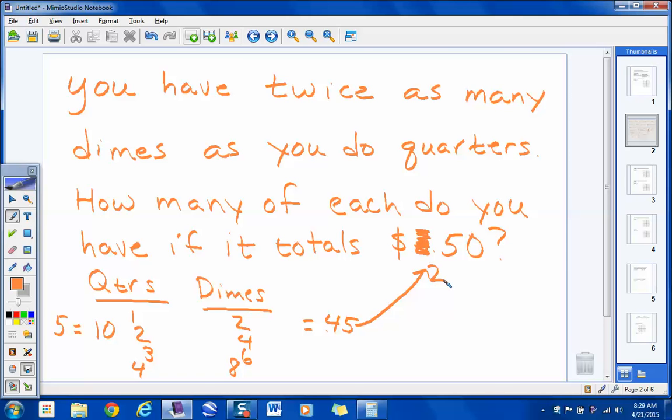What's 5 times a quarter going to get you? I put the wrong number in. What's 5 quarters going to add up to? $1.25. What's 10 dimes going to add up to?